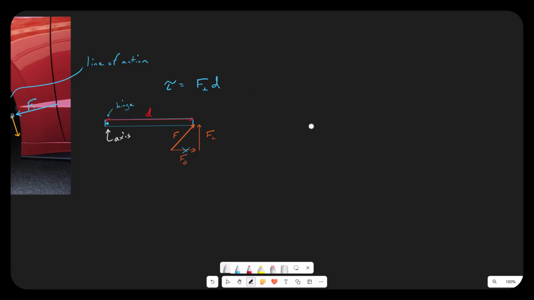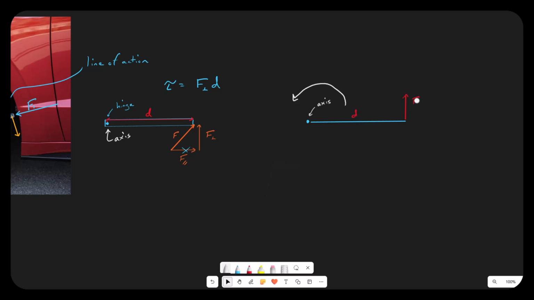Torque is a vector, strictly speaking, but we don't really think about it in terms of vector. If this is a bar, and this bar has a length of d, and I apply my perpendicular force, let's say here, then that force is going to cause, if this is my axis, the bar to rotate this way, counterclockwise.